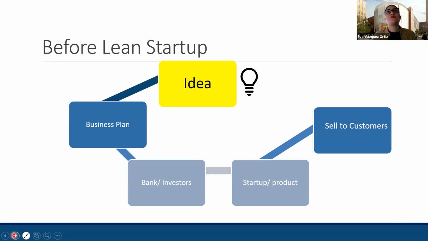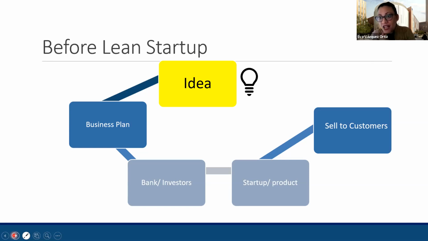The business plan was basically the learning platform that entrepreneurs used to formulate their hypothesis on what they thought was the right opportunity, business model, and forecast for the company.